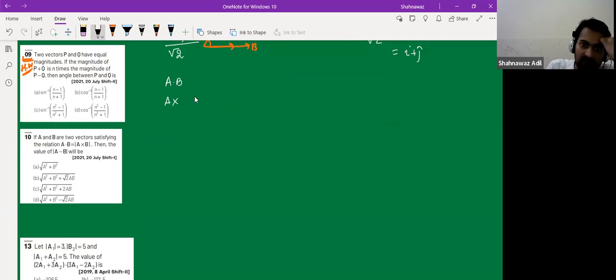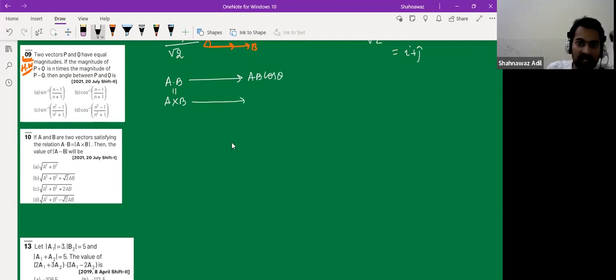So these are equal, right? So what is the dot product, the scalar product, of a vector? That is AB cos theta, right? And what is the vector product or the cross product?